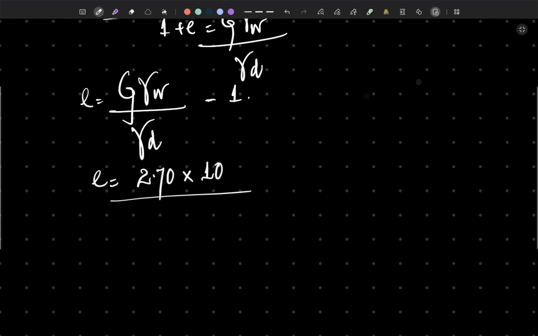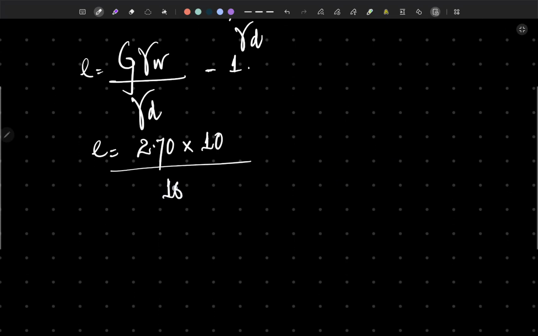It's 18.18, minus 1. All right. So by calculations, e is equal to 0.48. So this is the value of the void ratio.